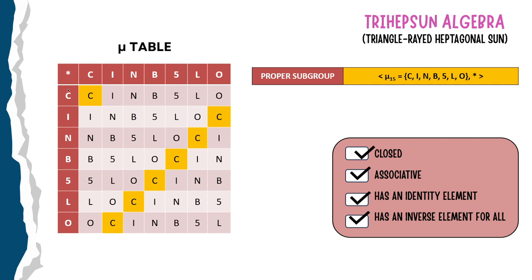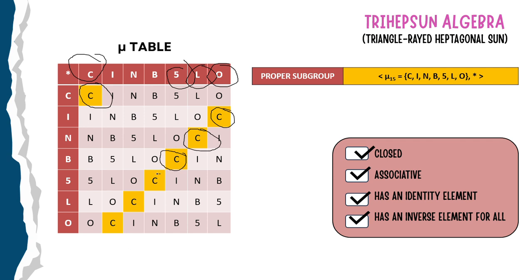C is the identity element, therefore the inverse of C is C. For I, this is the identity element, therefore the inverse of I is O. For N, the inverse is L. For B, the inverse is 5.